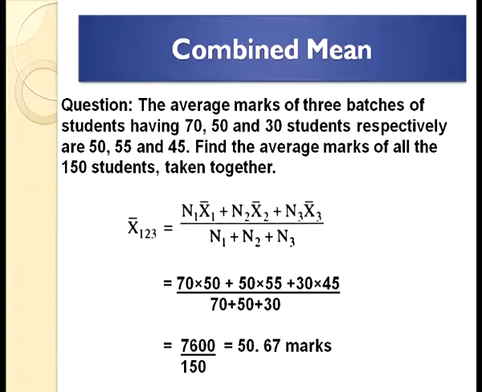That comes to 7600 divided by 150, that comes to 50.67 marks. So, we have learned how to compute combined mean. Now, we can discuss weighted mean.